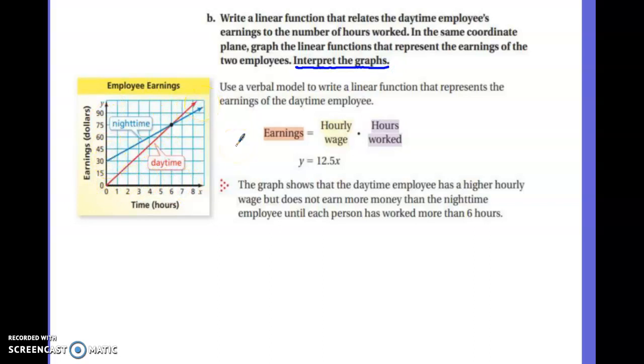I'm just going to assume that you know how to graph because it's from a previous lesson. And remember, if you forgot and you just want to see what it looks like, you're always welcome to use Desmos.com, the graphing calculator. So the blue line here represents the earnings of the nighttime employee, and the red line represents the earnings of the daytime employee.